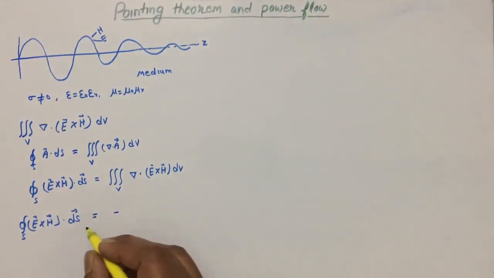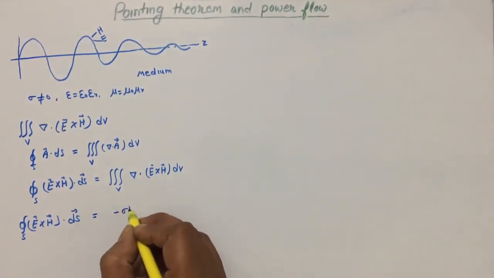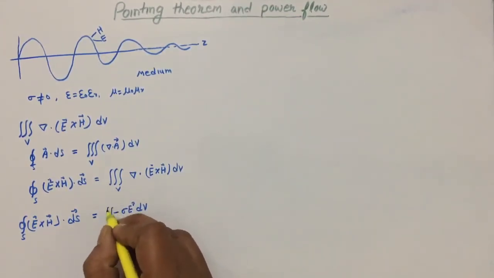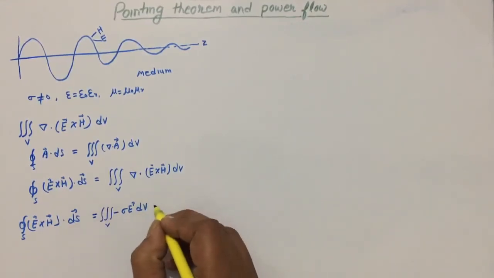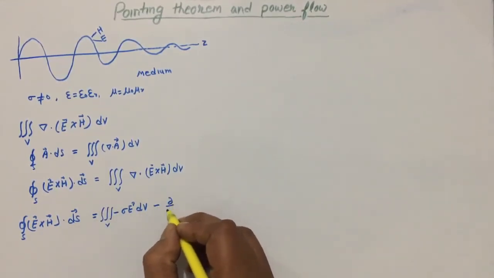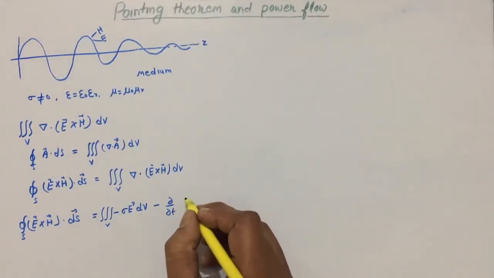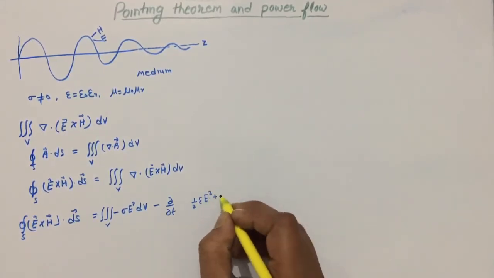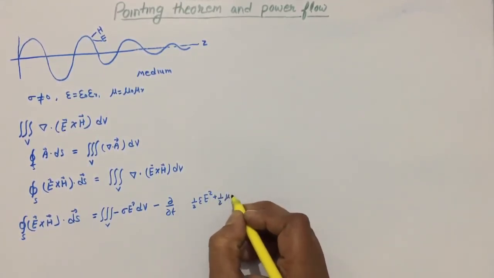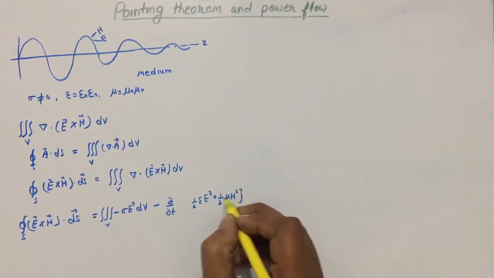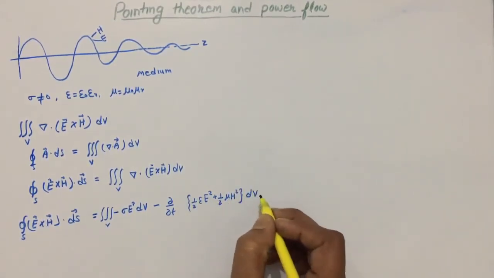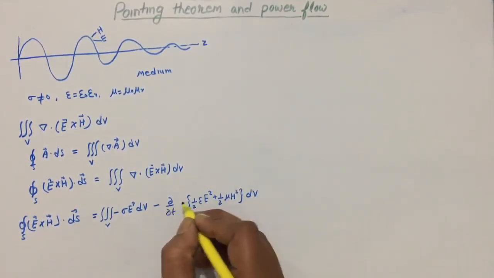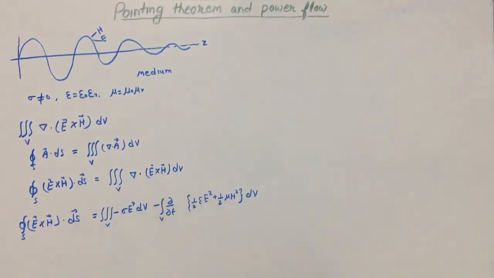It was equal to minus sigma E square dV for the entire volume, minus del over del t of half epsilon E square plus half mu H square dV for the entire volume. We can put volume here.